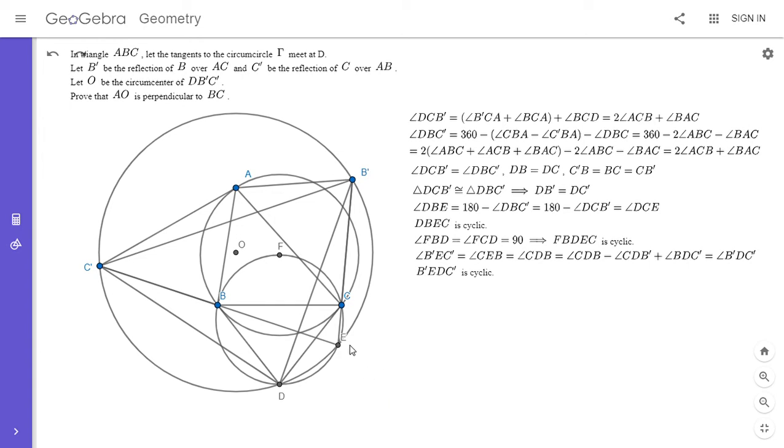Well, so first of all, I'm going to note that if you look at points A, F, and E, they kind of look collinear from the diagram, and it turns out they are. So that's going to be the next step in my solution. So note that F is the midpoint of arc BC of this circle. And so FB is equal to FC.